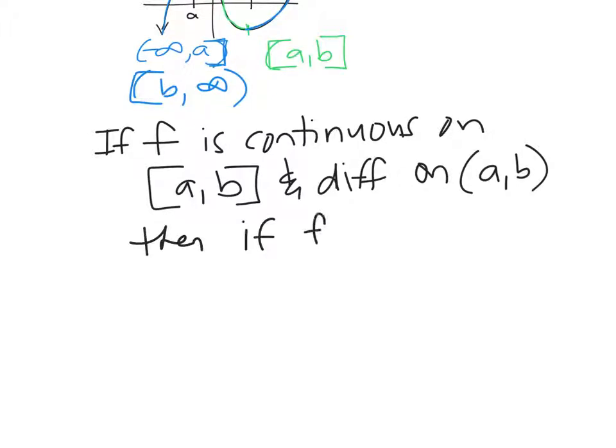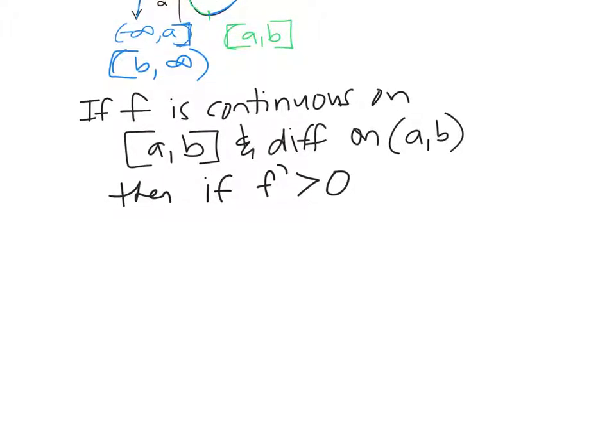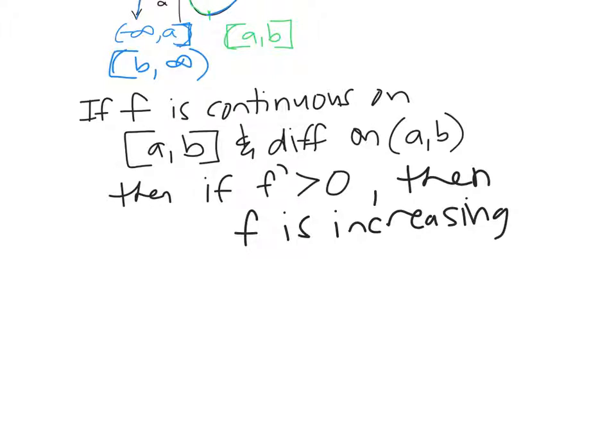Then, if f prime is greater than 0, if the derivative in that interval is positive, then f is increasing on that interval. Okay? If f prime is positive, then f is increasing.